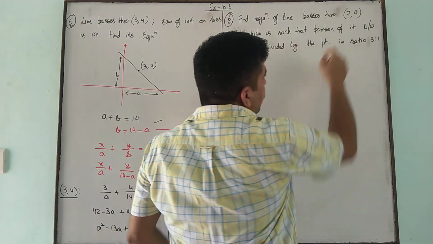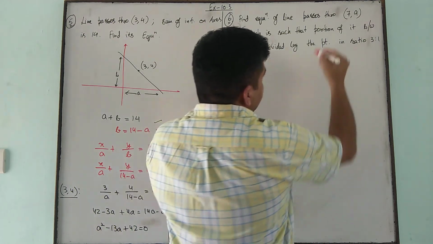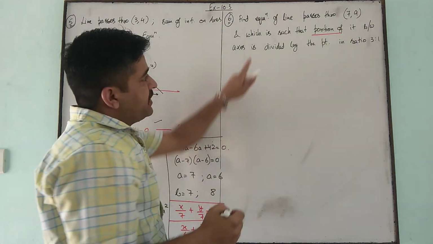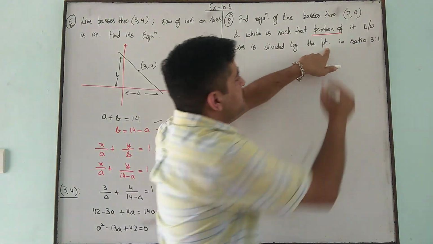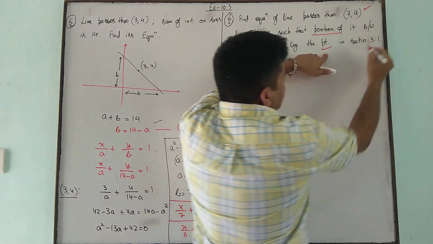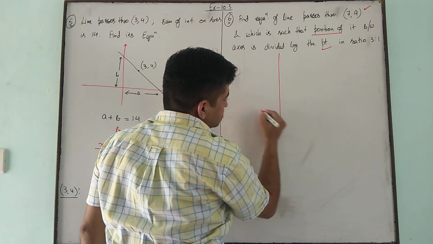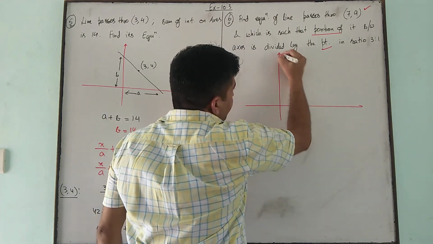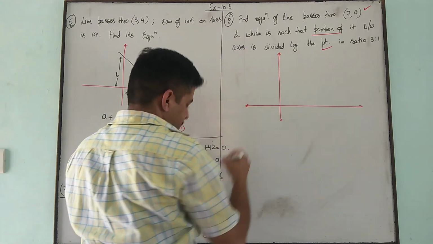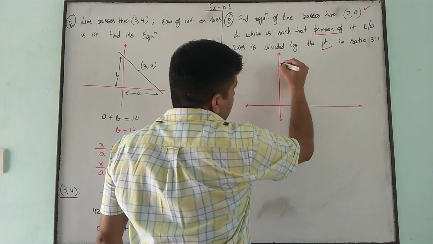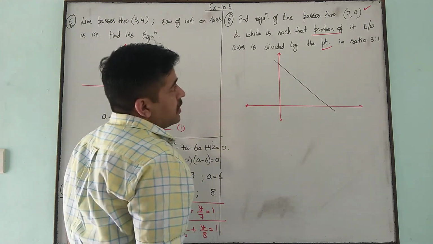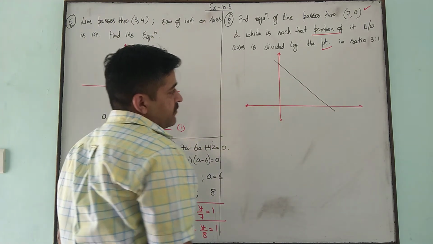Next, we have to find the equation of the line which passes through (7, 9) and which is such that the portion of that line between the axes is divided by this particular point in the ratio 3:1. What he says, just see. The line passes through (7, 9).